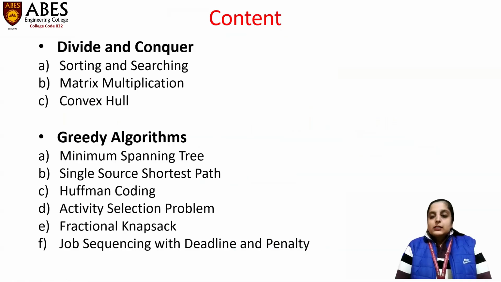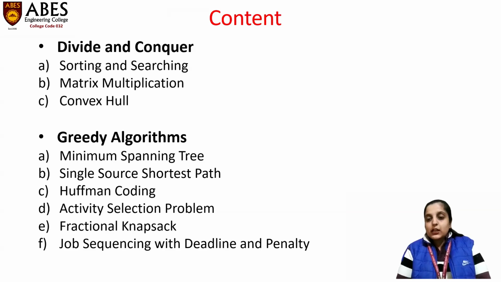So this particular video will give you a brief summary about what we will discuss in upcoming videos related to unit number 3. So firstly, the first design strategy that we're going to discuss in this unit is divide and conquer, and it consists of three subtopics.